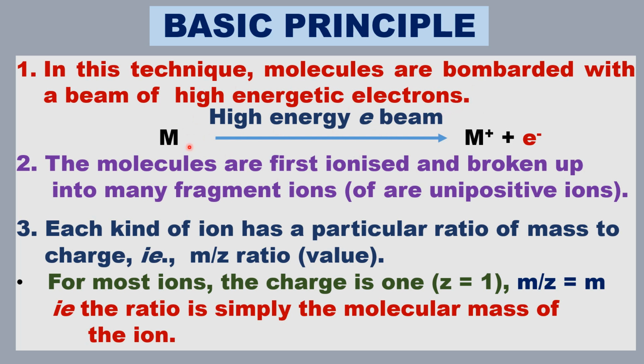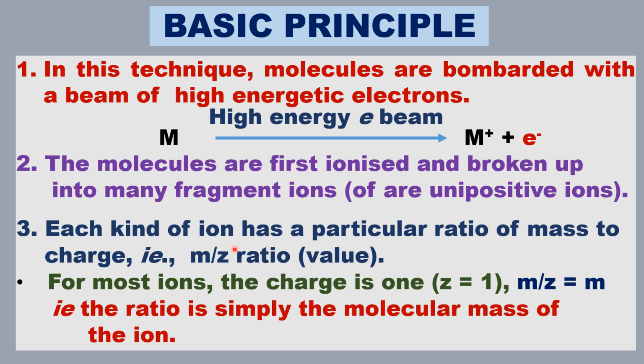The molecules are first ionized by knocking out one or two electrons, and then the ions are broken into many fragment ions. They are unipositive ions; they mostly carry a plus charge.